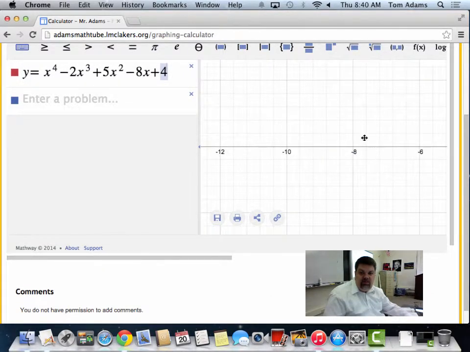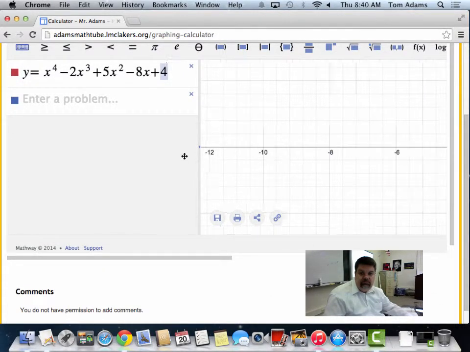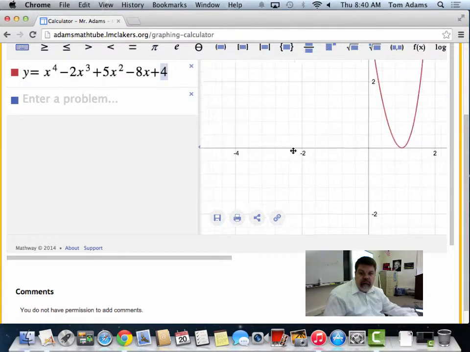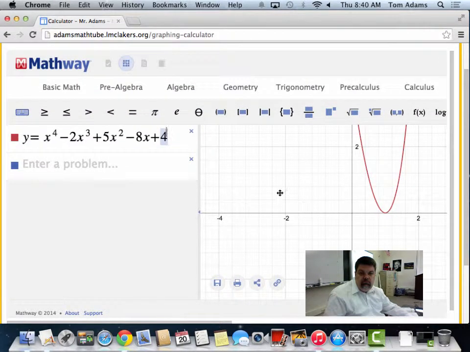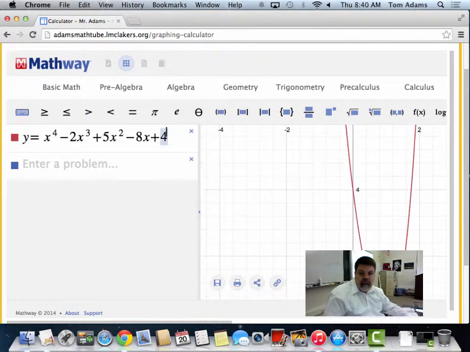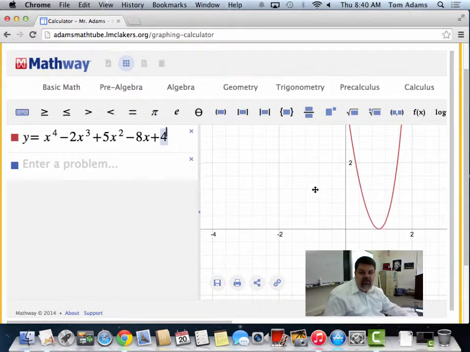Now my graph is kind of goofy. I gotta zoom in on my graph here. See how my graph looks?